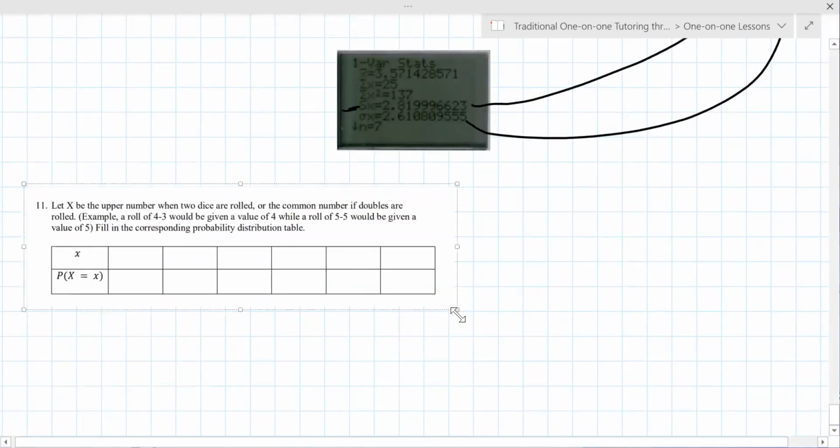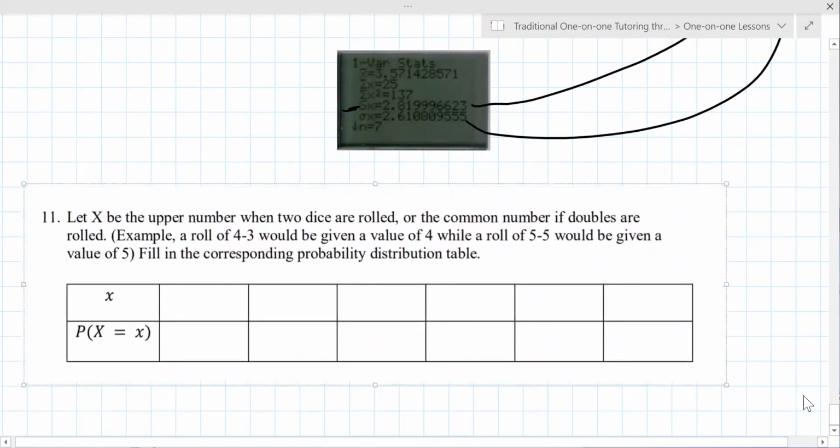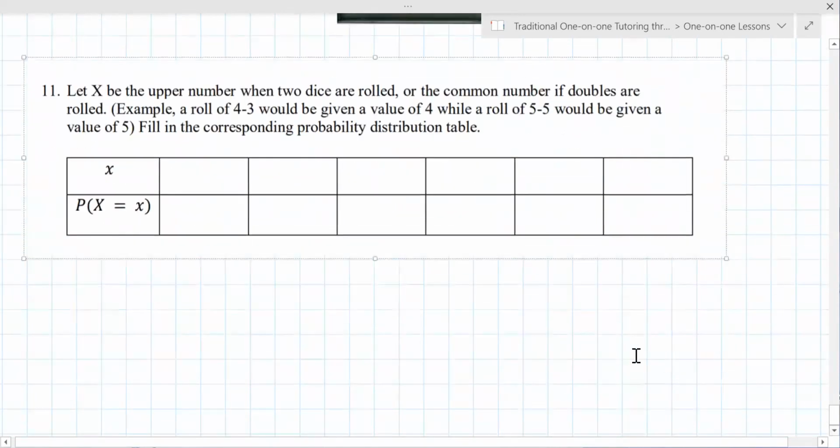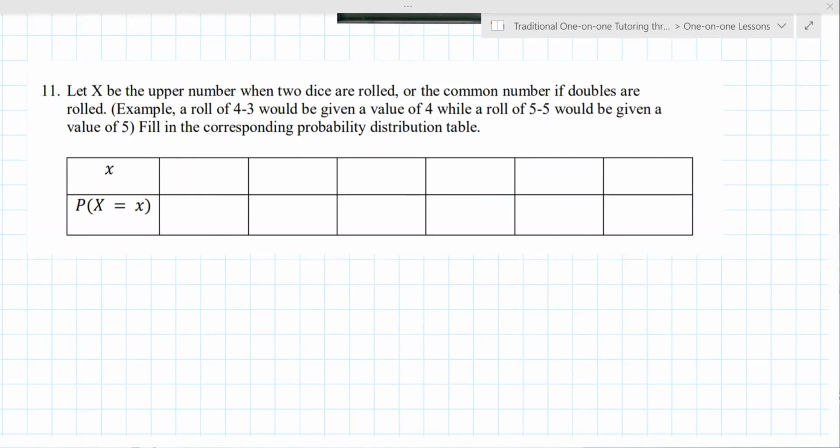All right. Let X be the upper number when 2 dice are rolled, or the common number if doubles are rolled. Okay. I have to grab a 2-dice sample space image so that we can do this.